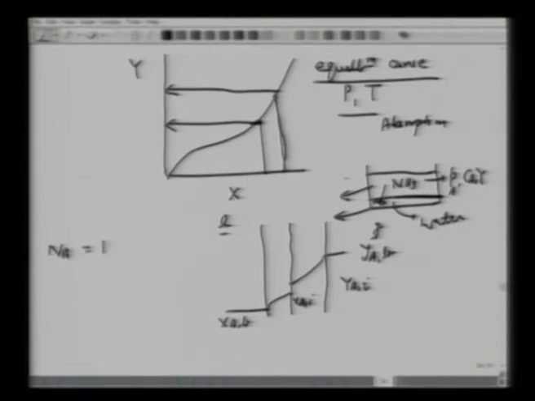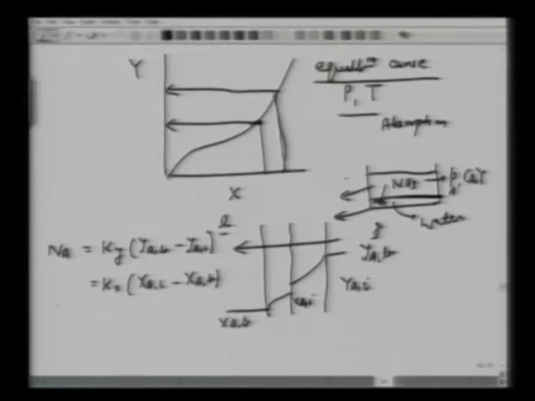NA under steady state will be Ky, where y is for gas phase, times (YAB minus YAI), equals Kx times (XAI minus XAB). So under steady state, the diffusion flux across both the films, liquid and gas, is the same.